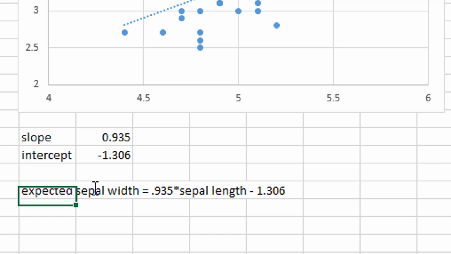This would be the least squares regression line equation, we call it a linear model as well.